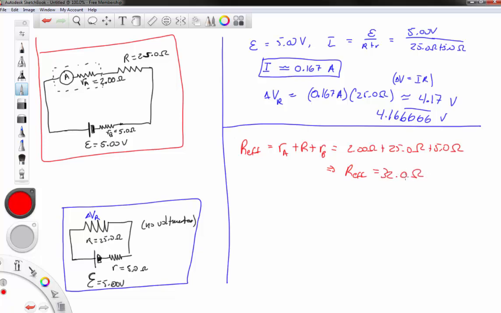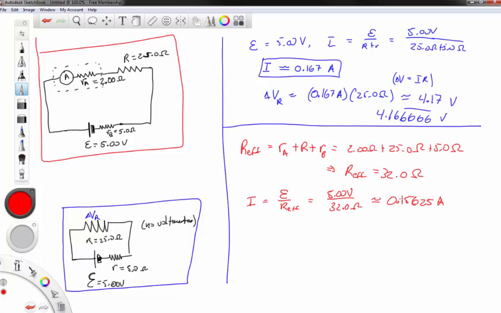So with 32.0 ohms of resistance, how much current is going to get drawn? Well, I should be equal to epsilon over R effective. So again, we have 5.00 volts divided by 32.0 ohms. So 5 divided by 32 gives us 0.15625.